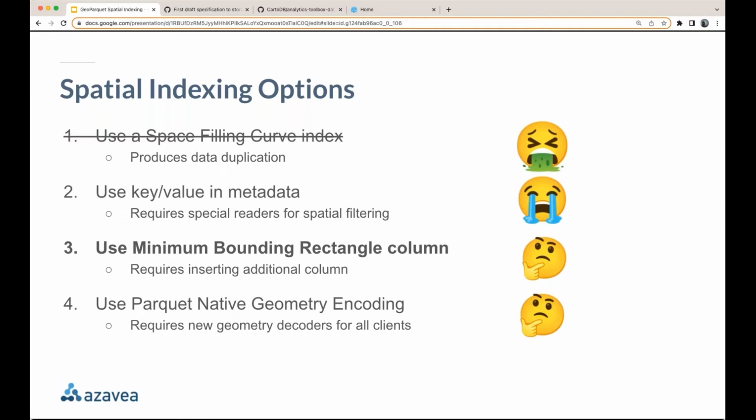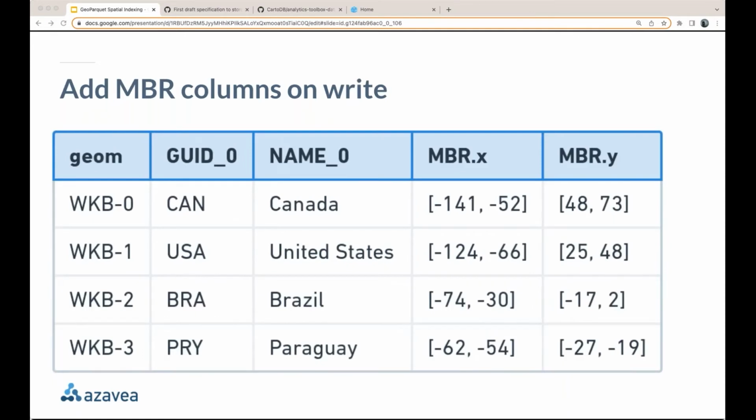Adding a column that simplifies the geometry in a way that Parquet filters are able to understand is what we're talking about here. In our mental model, we just say, great, there's the geometry, it's complex, it's bytes. We cannot express any kind of predicate on it using the existing Parquet libraries. But if we express a bounding box as X and Y columns, these are primitive values and we can filter on these.